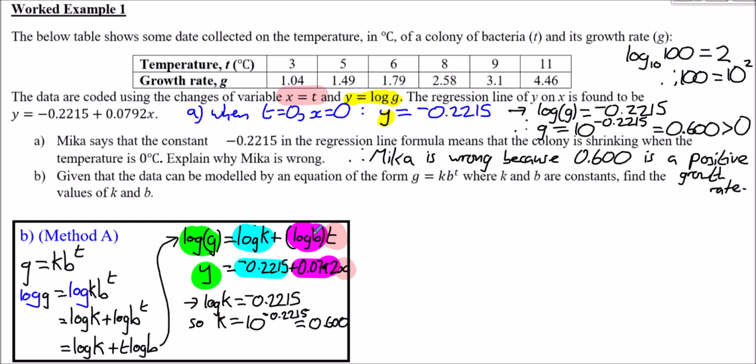As well as that, log of b must be 0.0792.